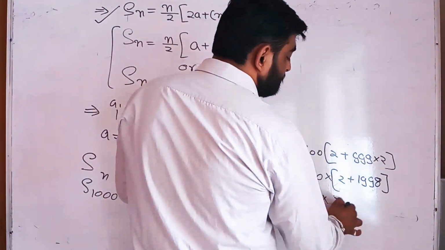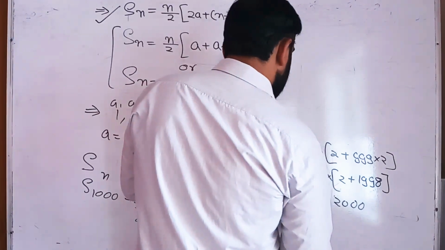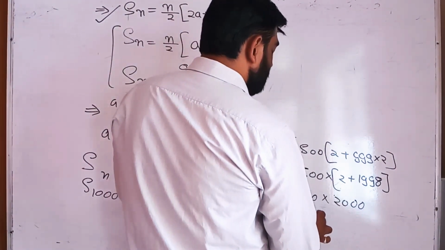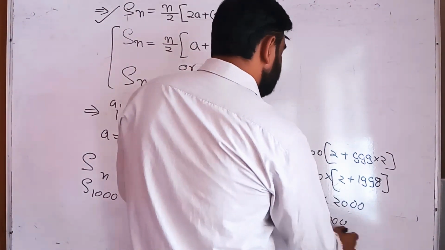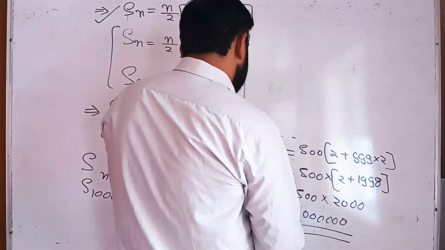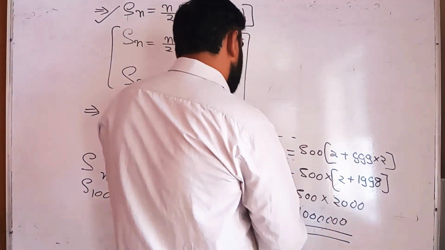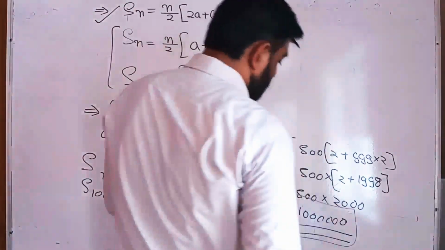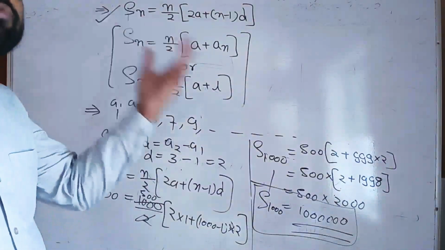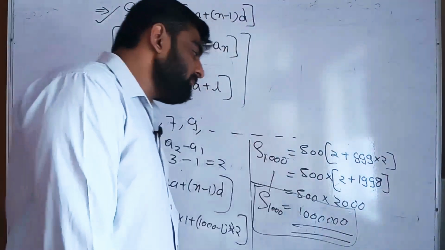If you add, that is 2000. So 500 into 2000: 5 times 2 is 10, and then five zeros. This is the sum of 1000 terms of the AP. So you can easily find the sum of 1000 terms by this formula.